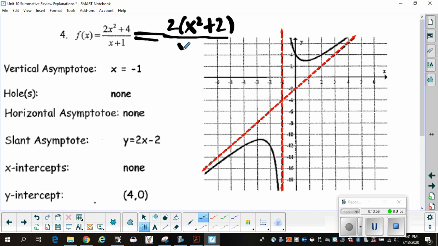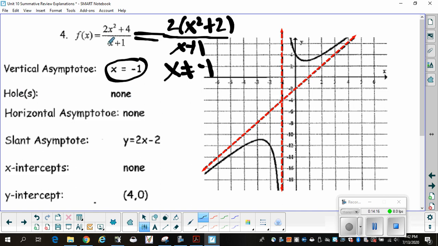And then I have x plus 1. Nothing cancels. X cannot equal -1. That didn't cancel out. So I've got my vertical asymptote. Since nothing canceled, there's no holes.